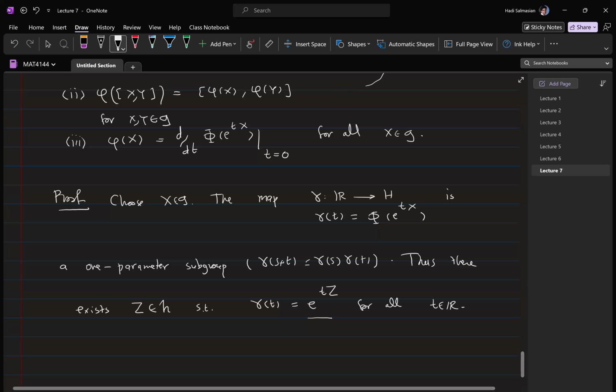But we know that now e to the tz for every t lies in the group H. So by the definition of the Lie algebra, this z should be in H.